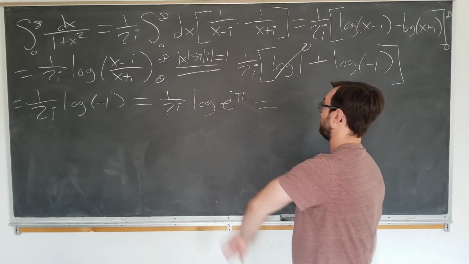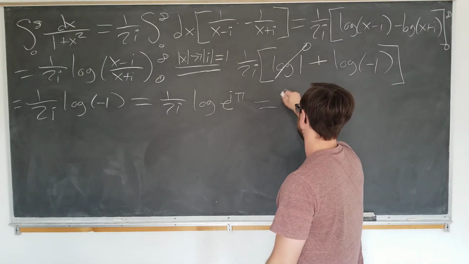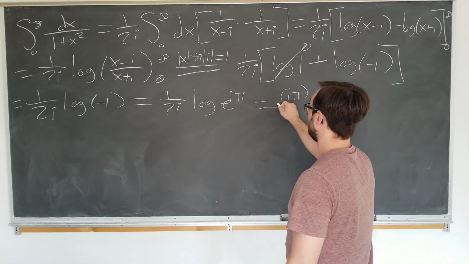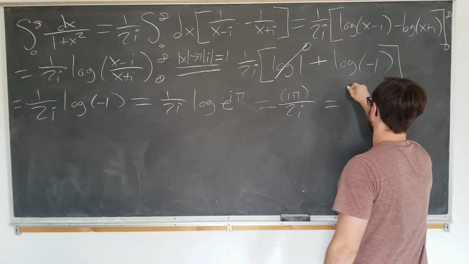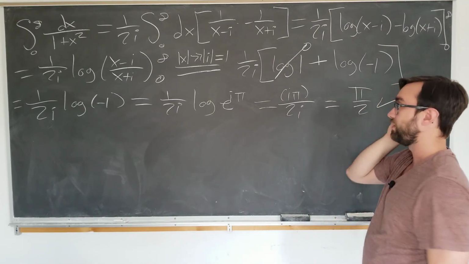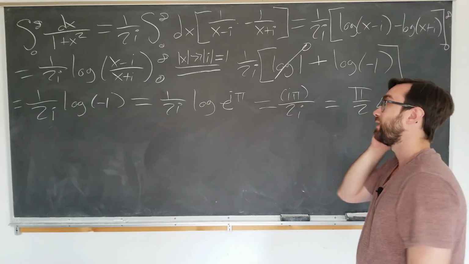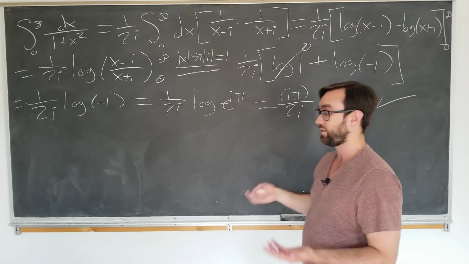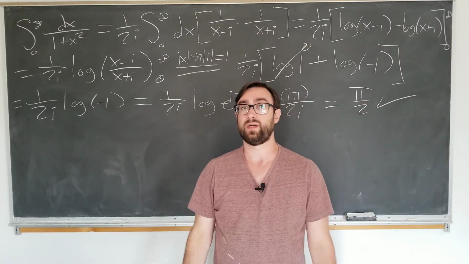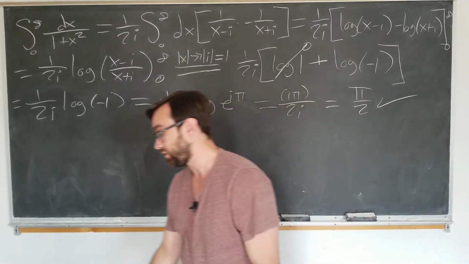So, log of e cancels out, so it just becomes i pi over 2i, which is, of course, pi over 2. So we get our correct answer. I just wanted to note that if I hadn't used the property of the logarithm here, I would have gotten minus pi over 2, which corresponds to a non-principal branch of the arctangent function.